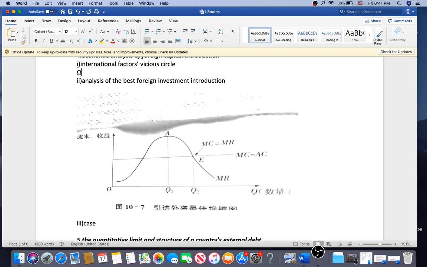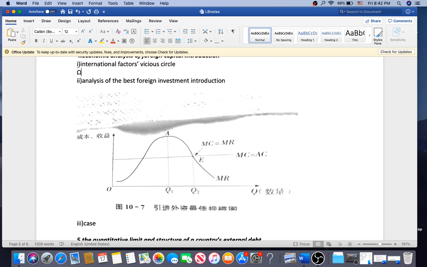But if capital is introduced to the economy, the abundant factors combine with the external capital, which will yield maximum economic efficiency. That's where this OQ2 point is defined, where the marginal cost equals the average cost equals the marginal revenue. That is at this point E.